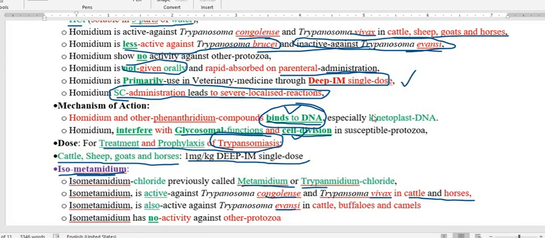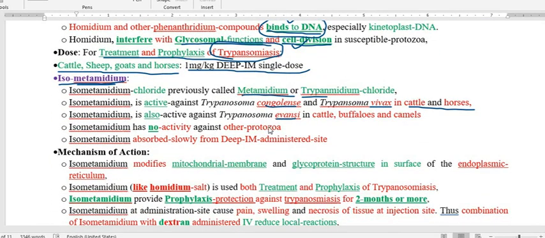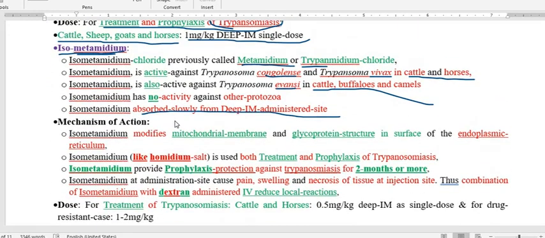It also shows activity against evansi, whereas we saw that homidium shows no activity against Trypanosoma evansi. Isometamidium is active against Trypanosoma evansi in species like cattle, buffalo and camel, and it is slowly absorbed from the intramuscular administration site.